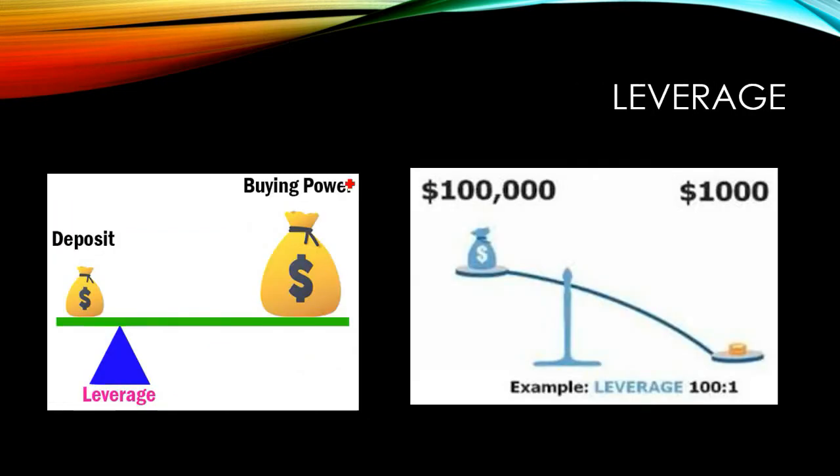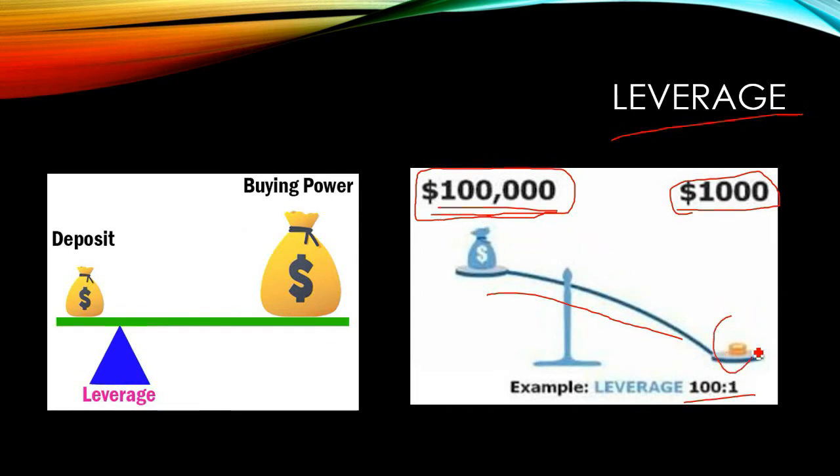Next, you should know about one thing, that is leverage. What does leverage mean? If you deposit $1,000, they will allow you to buy or sell up to $100,000, if the leverage is 1:100. That is called leverage. So they will allow a certain amount of trading if I deposit a certain amount of money.